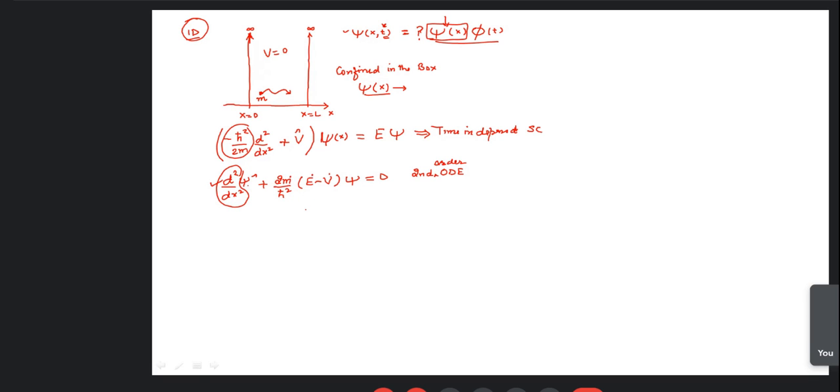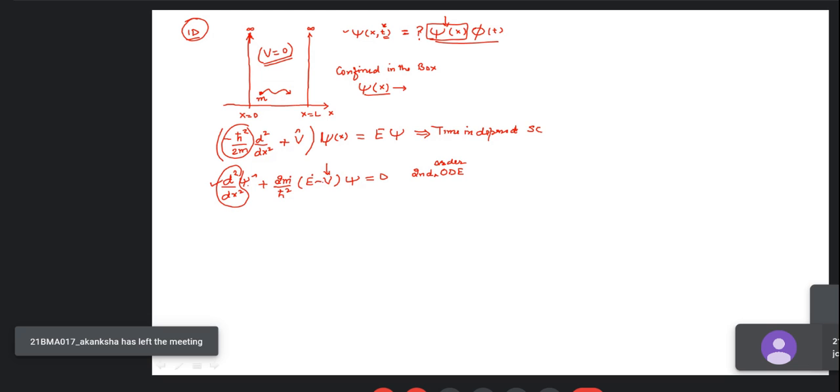So more simplifications are what? We said that the particle is in a box where potential is 0. This is our assumption. So under that assumption, we can further simplify our differential equation by putting V equals to 0 here.